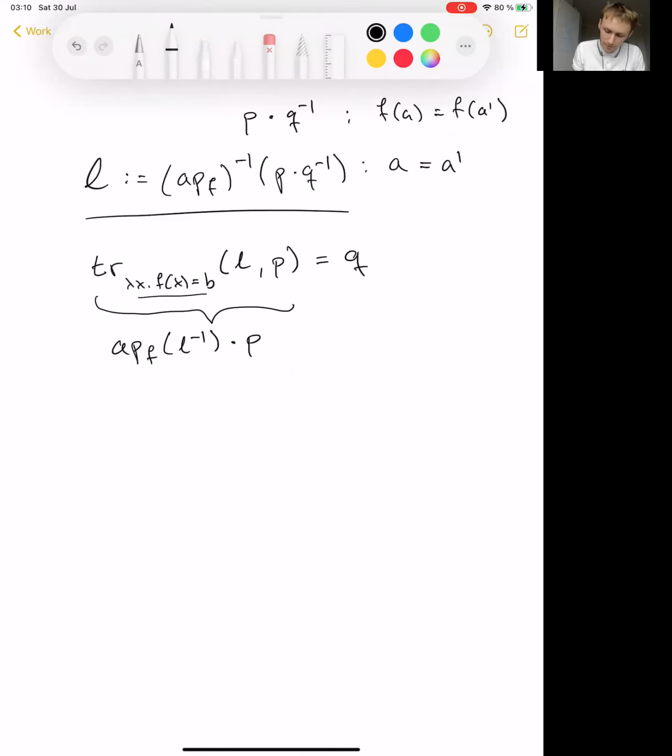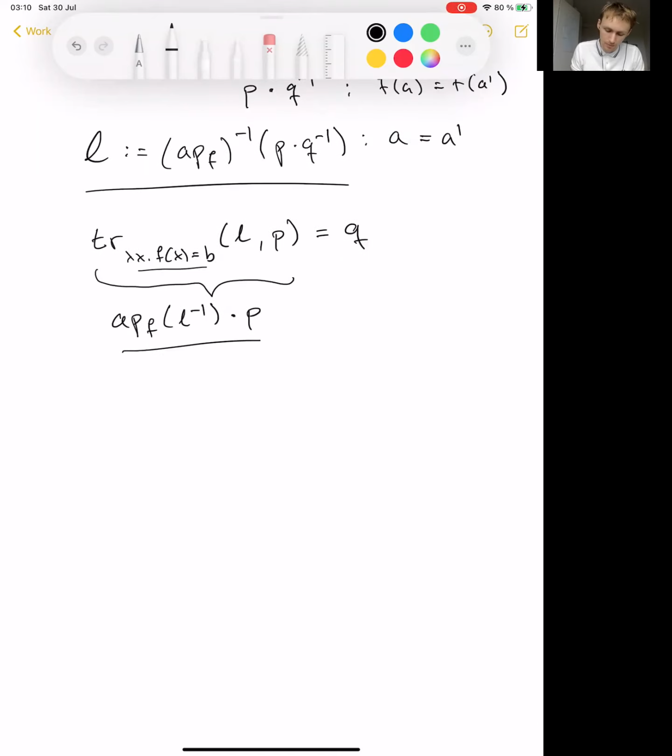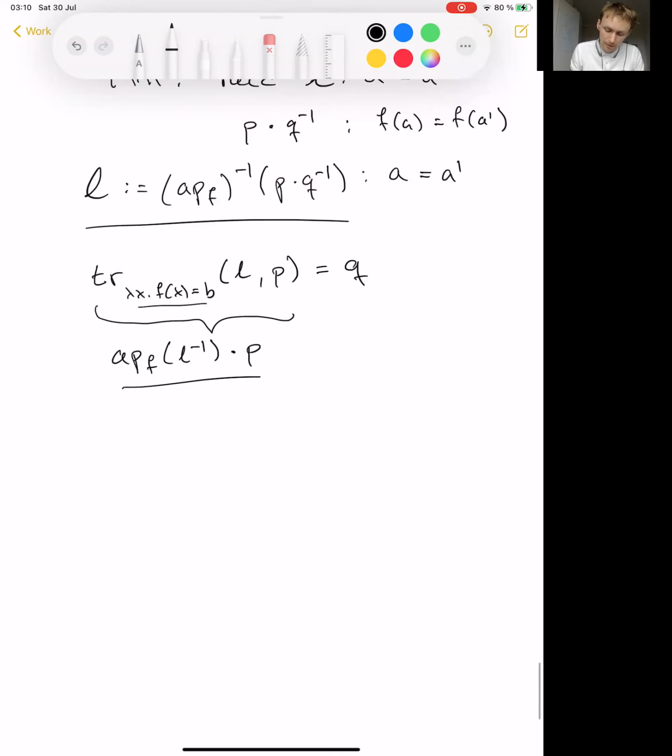So now we've reduced it to proving that this is equal to Q. Let's first move out the inverse here. Remember, if you take app of f to an inverted path, that's the same as inverting the whole path. So this is equal to app f of L, the whole thing inverse, composed with P.